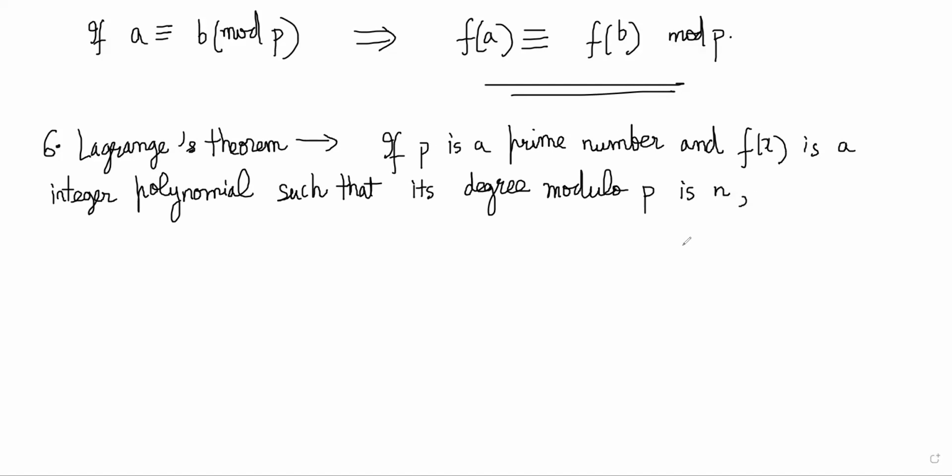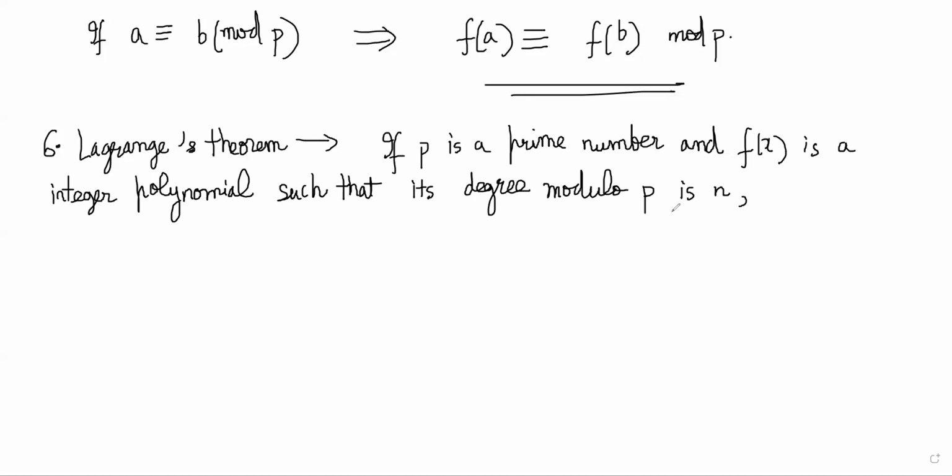We saw in the previous video what the meaning of this statement is, that the polynomial's degree modulo p is n. What this means is the highest power with a coefficient which is not divisible by p is n.